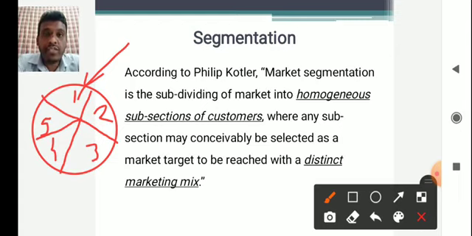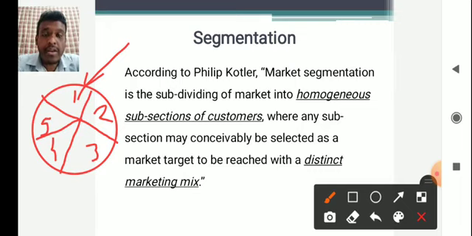One brand is for a different segment of customers, that is high income people. The other brand is for low income people. Why? Because they are price sensitive. The brand catering to the high income group is a premium quality product. Those people have money, they are ready to purchase, but they want higher quality.